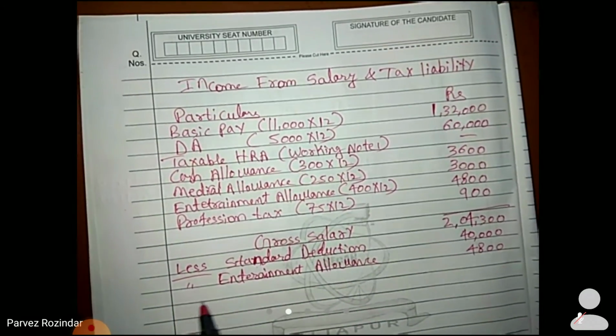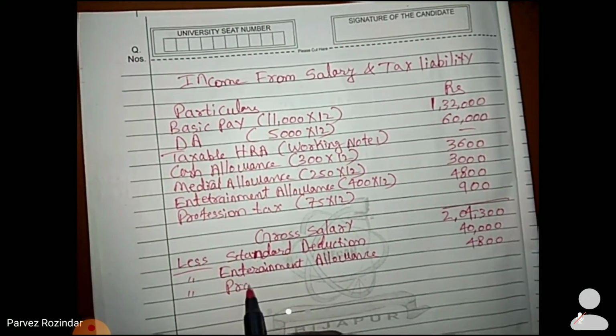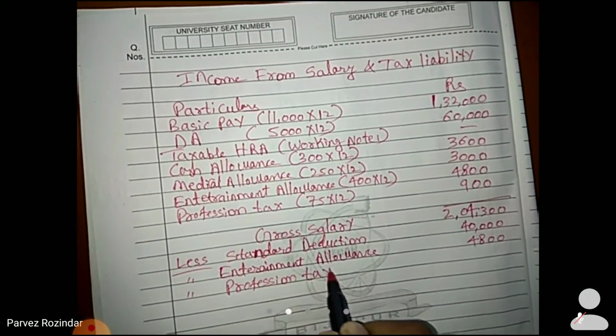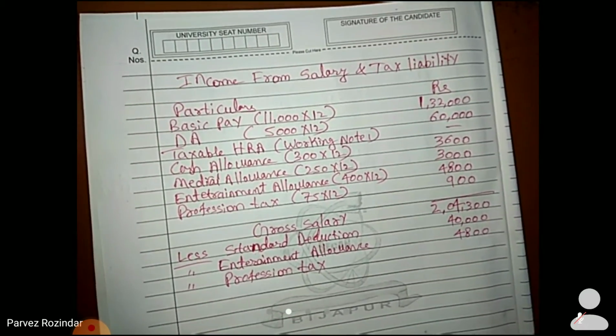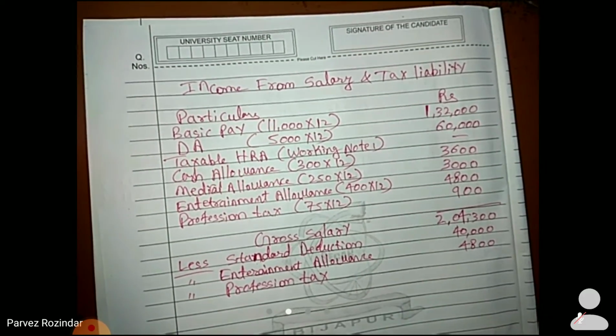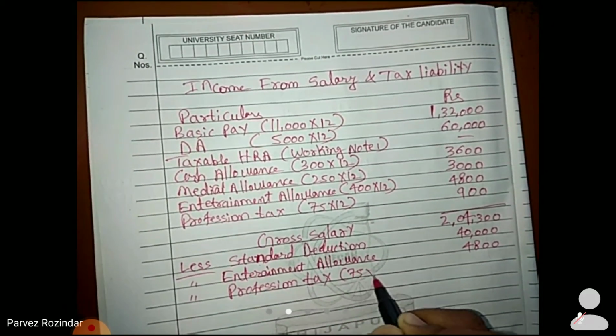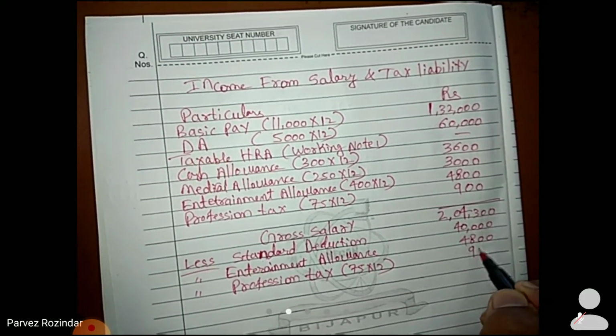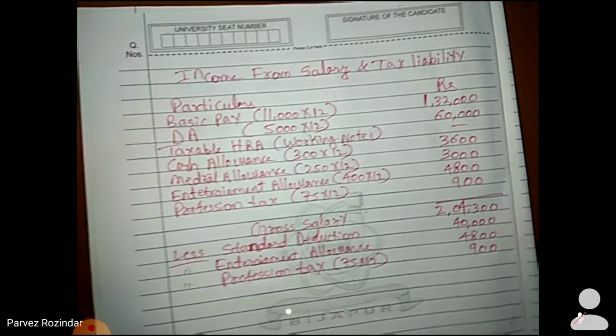Similarly, professional tax can also be claimed, 75 into 12, the same amount, 900 rupees.